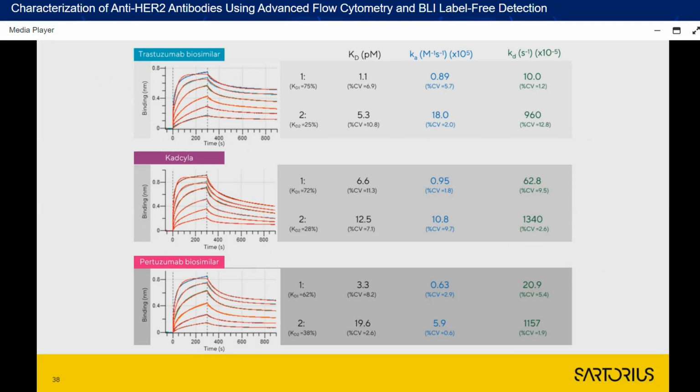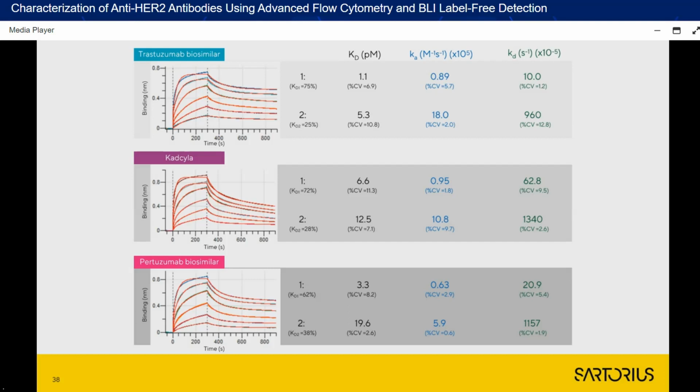And so this is the data that was generated. The key thing we really picked out is that both KD1 and KD2 for the trastuzumab biosimilar were lower, indicating increased affinity for the trastuzumab to the Fc gamma receptor.